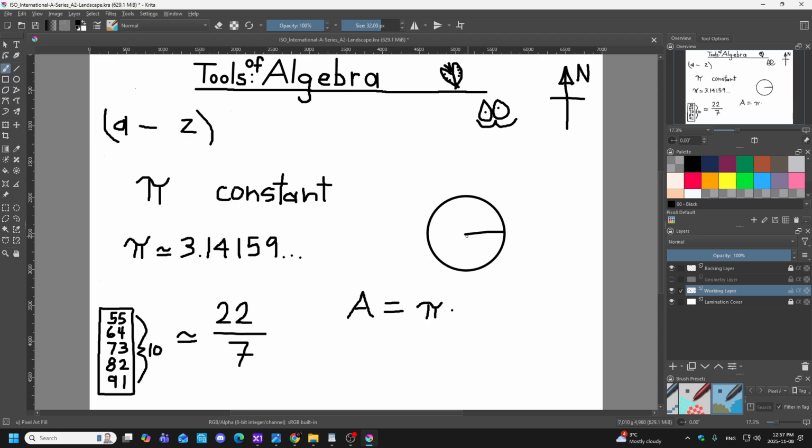Okay, so this is the center of our circle, the radius is half a circle.